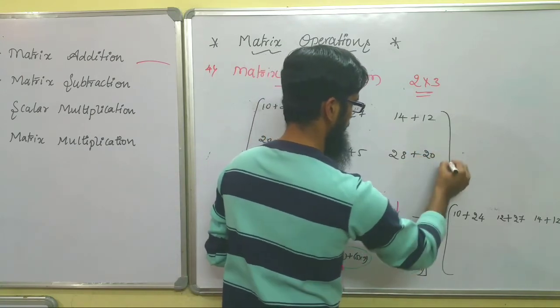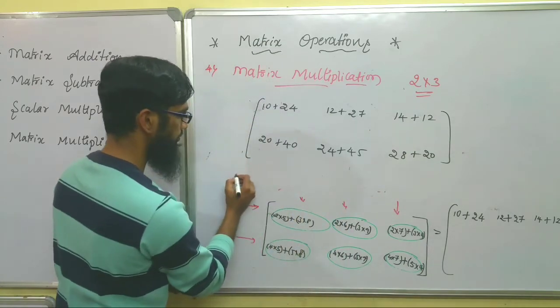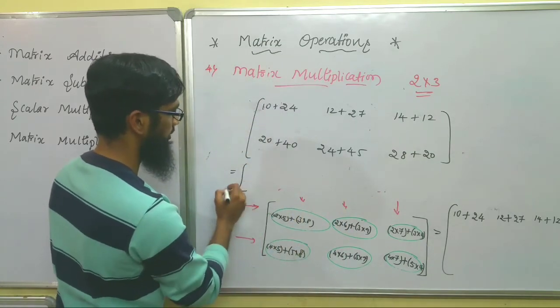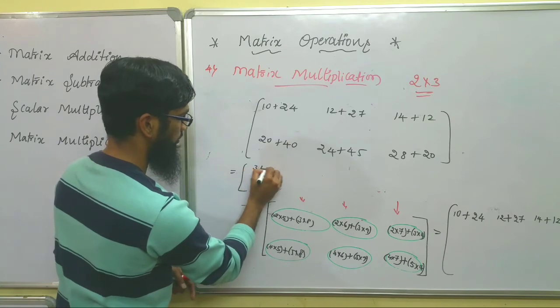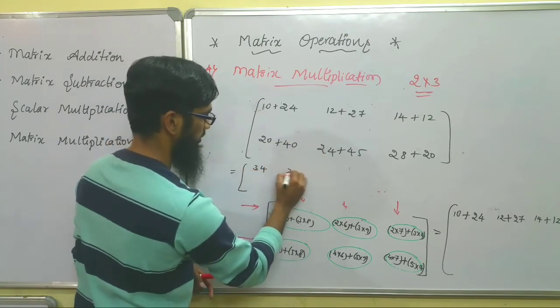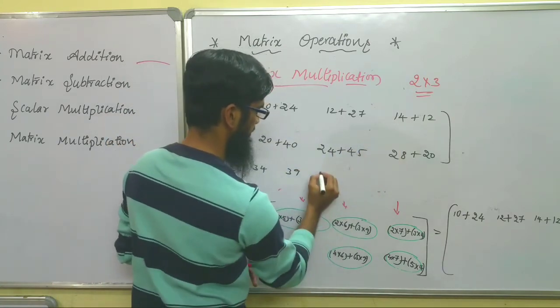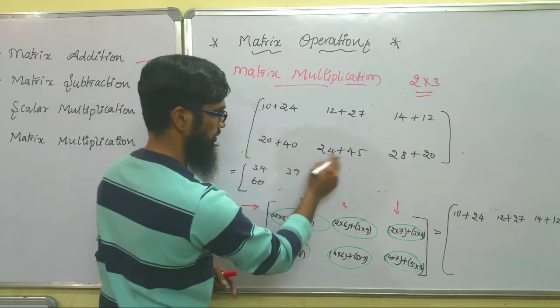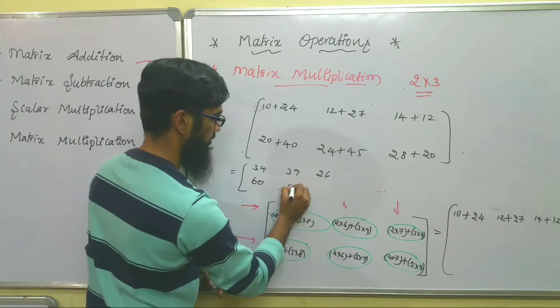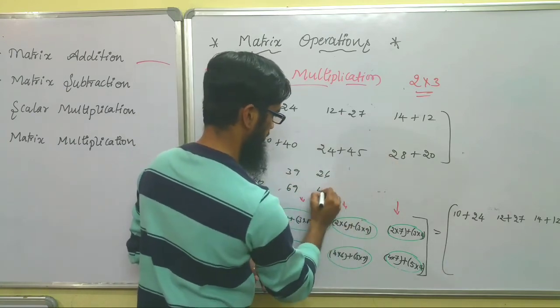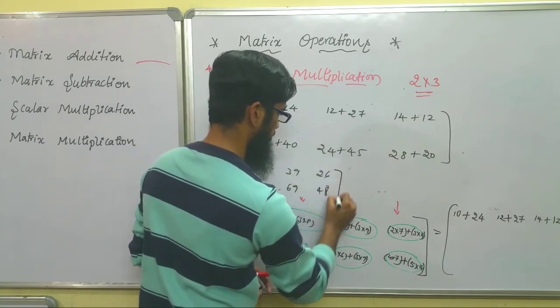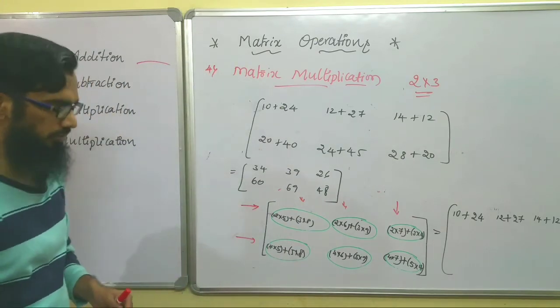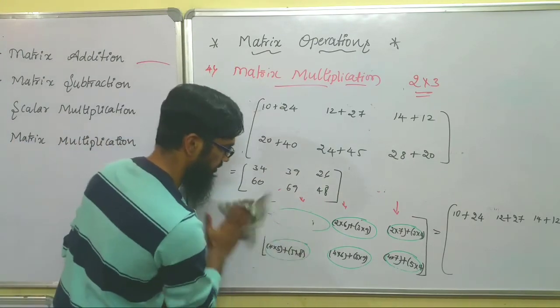Now you just simplify this and you get the final matrix: this is 34, this is 39, this is 26, this will become 60, this is 69, and this becomes 48. This is your final matrix after the matrix multiplication.